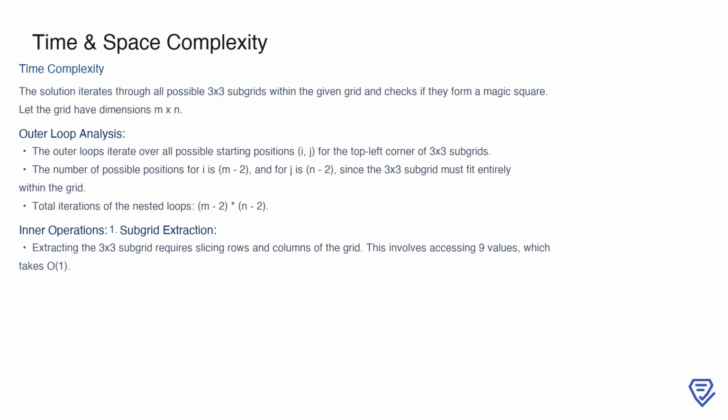This results in a total of (m-2) multiplied by (n-2) iterations for the nested loops. Within each iteration, the subgrid extraction process involves accessing exactly 9 elements from the grid, which takes constant time, or O(1). This sets the stage for the operations performed inside each loop iteration.